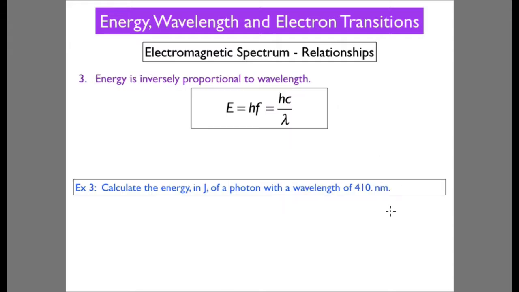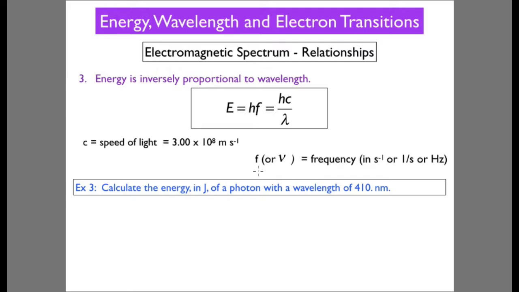Let's try another one. Energy is inversely proportional to wavelength. We know energy equals hf, Planck's constant multiplied by frequency, and we know the frequency equals the speed of light over wavelength. So Planck's constant multiplied by the speed of light over wavelength gives us energy. Let's do an example.